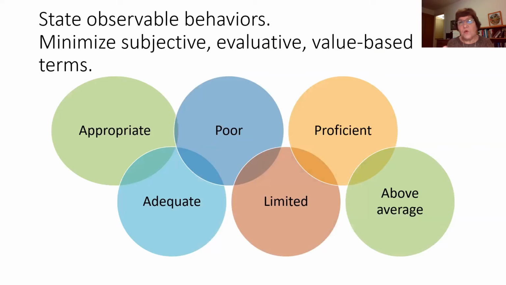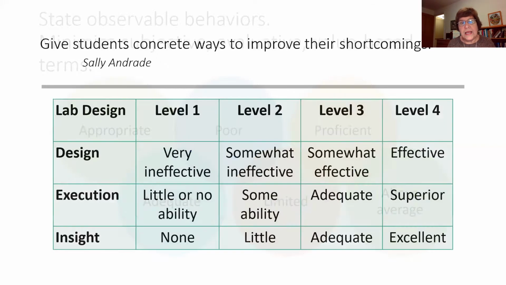You ask two different people what proficient is, you're going to get two different opinions. You ask two different people what appropriate is or adequate is, you're going to get two different opinions. You want to take opinions out of a rubric, and the way to do that is to put in real clear observable behaviors. Let me give you an example.